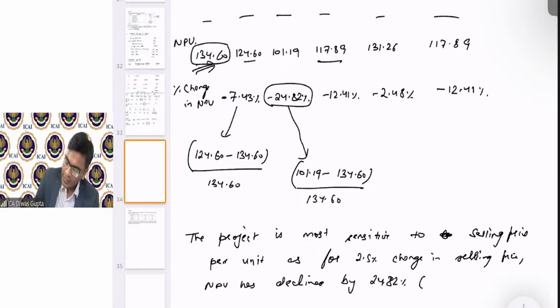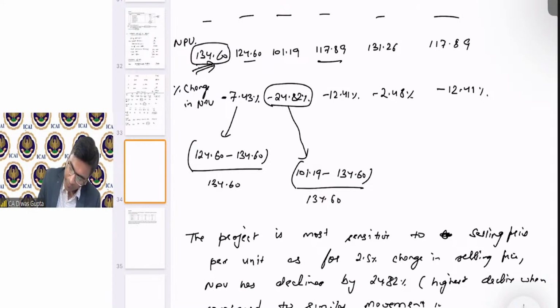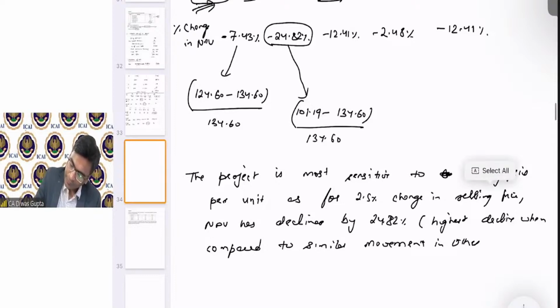And this is the highest decline when compared to similar movement in other variables. Okay, students, I hope this is clear.